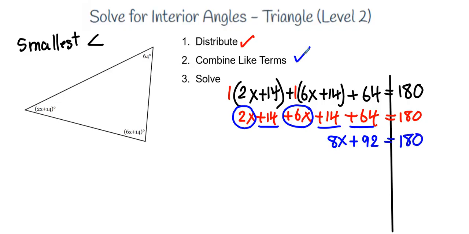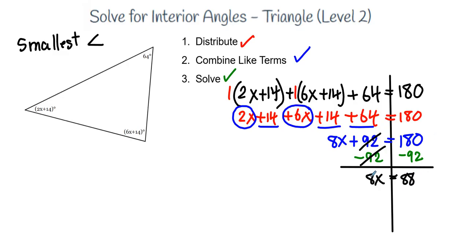And we combine like terms. Step number 3 is now I'm going to begin the process of solving. So to isolate 8x on the left side, I will subtract 92 on both sides of the equation. Draw my horizontal line. And now I'm going to simplify. The positive and negative 92 cancel, and I now have 8x is equal to 180 minus 92, which is 88.